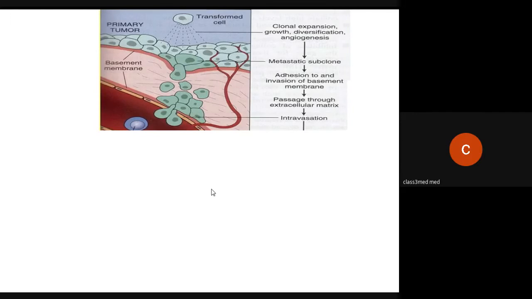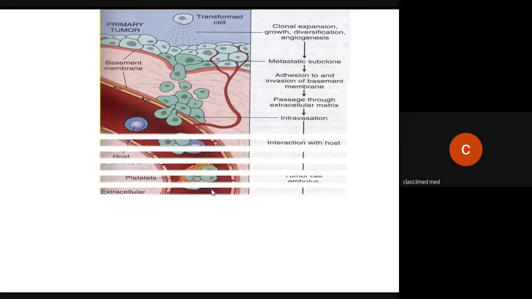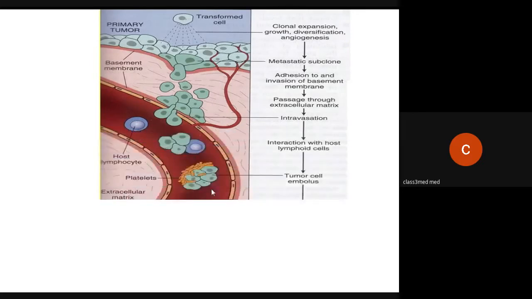And when it reaches the vessel, lymphatic or blood vessel, it should be able to penetrate the vessel wall. And this is called intravasation. When penetrating the vessel wall, it is now within the circulation, and it should be able to protect itself from the immune system. It is now exposed to the immune system.